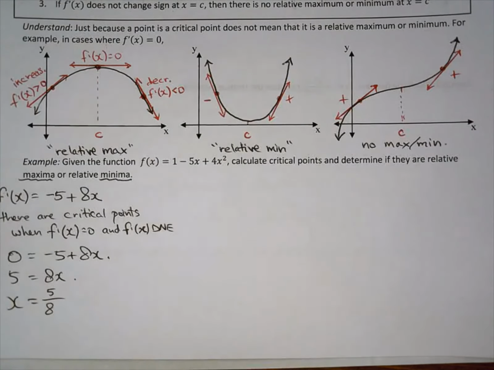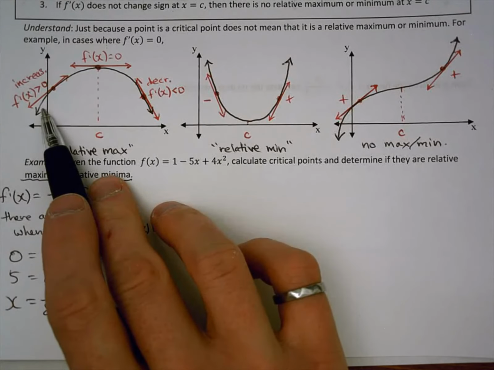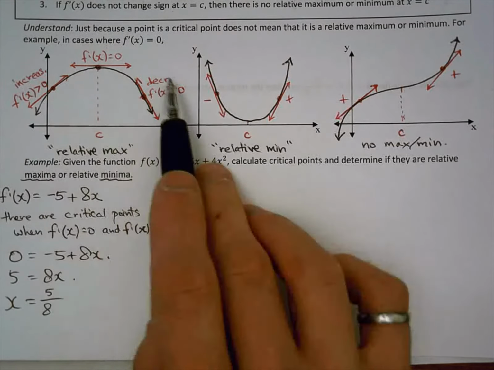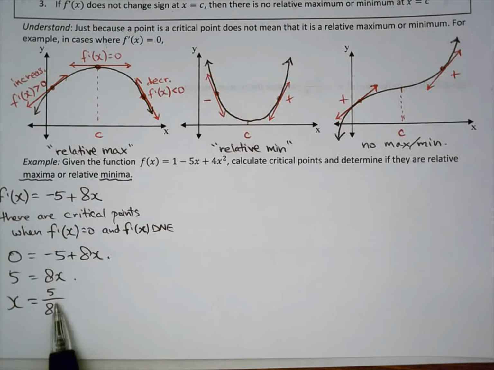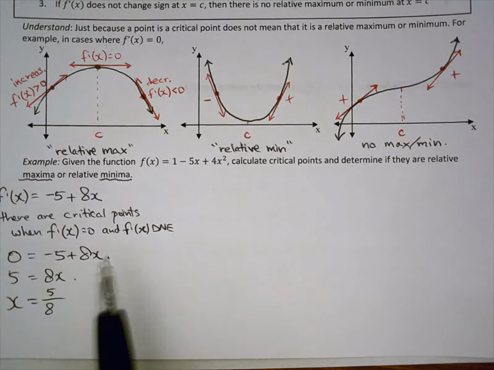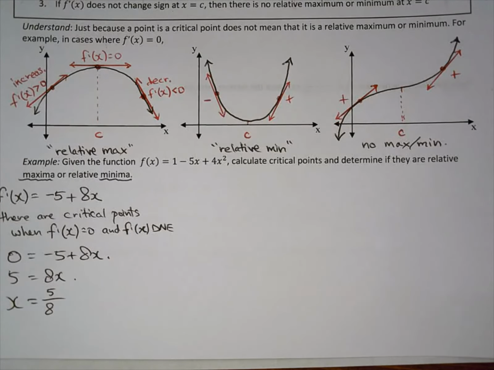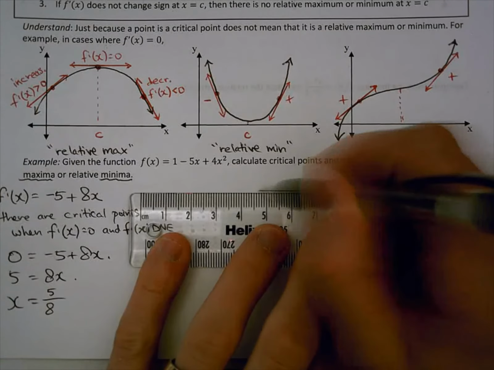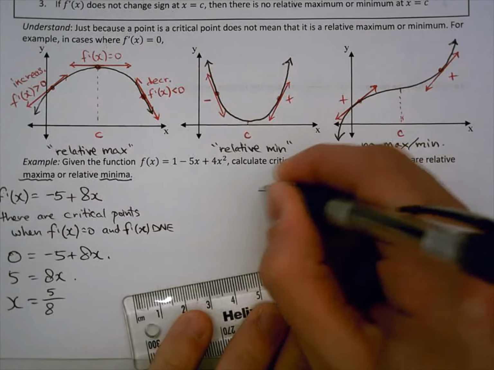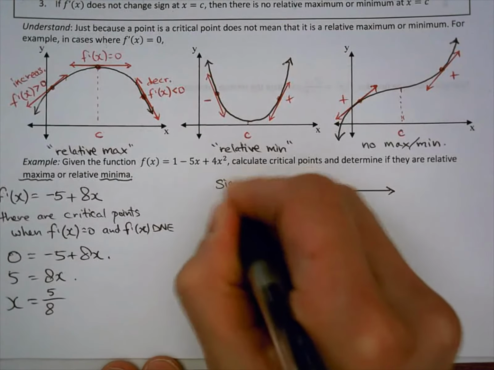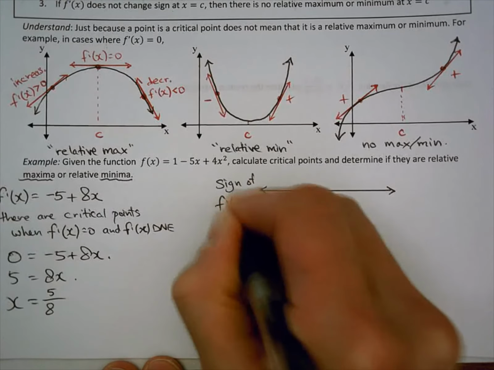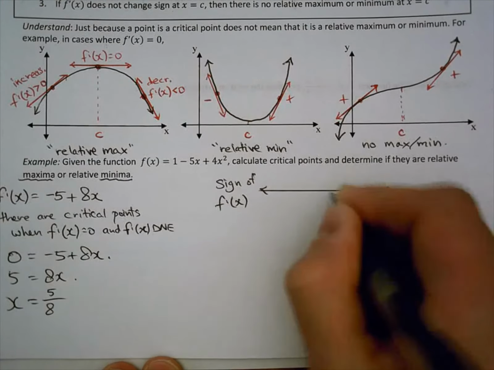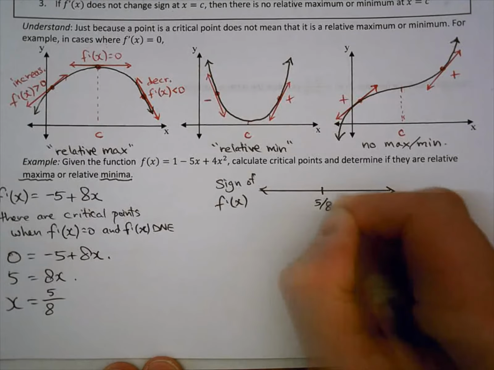Now, what I showed you yesterday: we need to know where the function is increasing and decreasing on opposite sides of this critical point. Yesterday I showed you how to do this sign diagram. So I'm going to draw here the sign of the derivative. And we know we have a critical number at x equals 5/8.